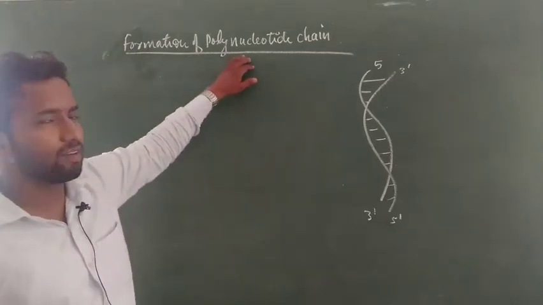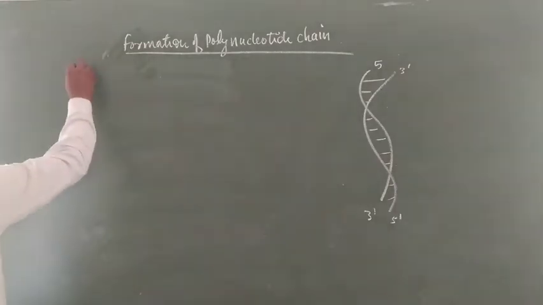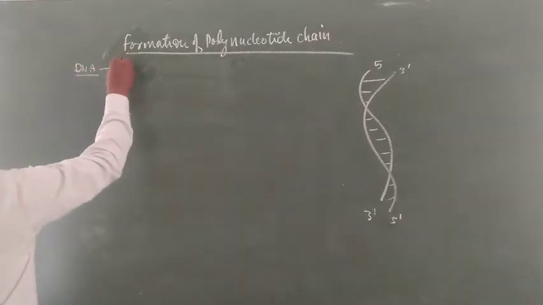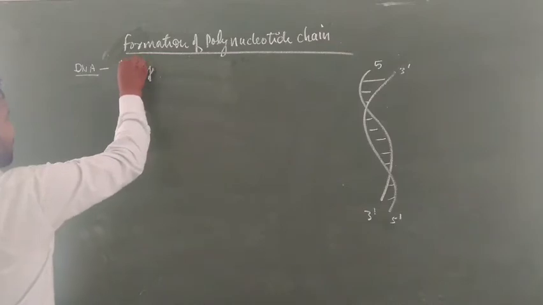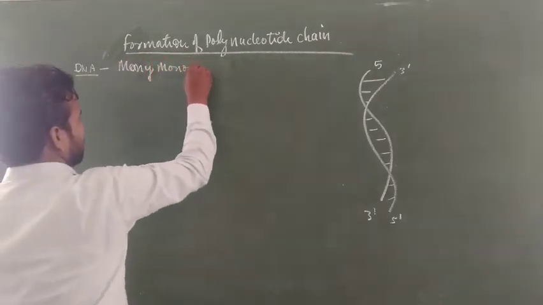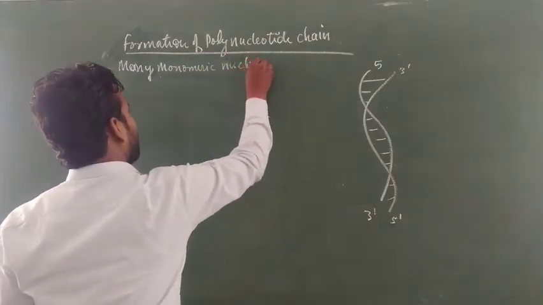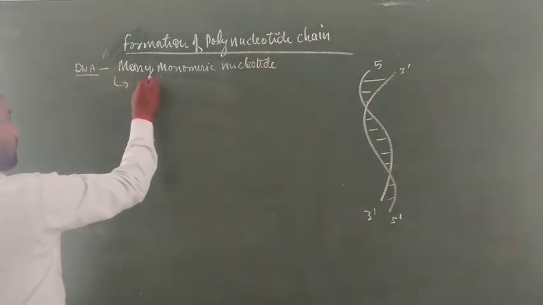monomeric nucleotide chain. Suppose we are going to form a DNA, it is a form of many monomeric units of nucleotide, and what are those nucleotides?